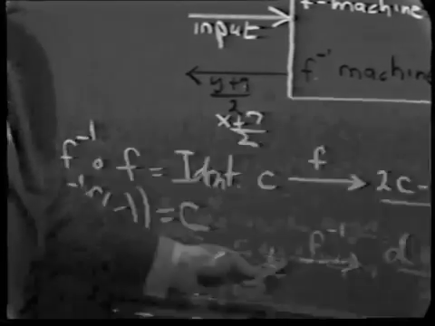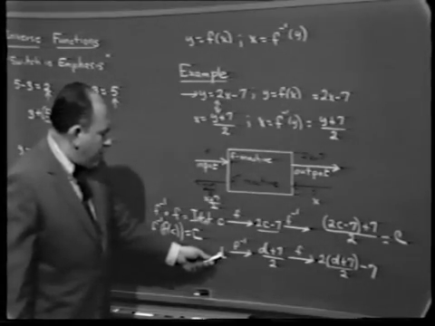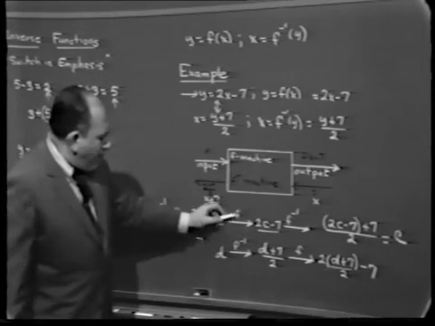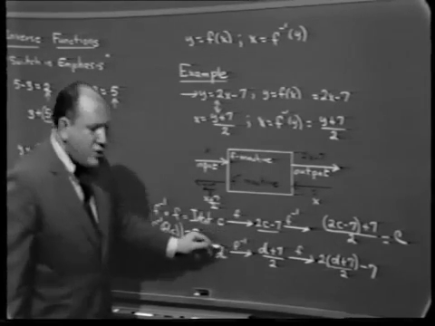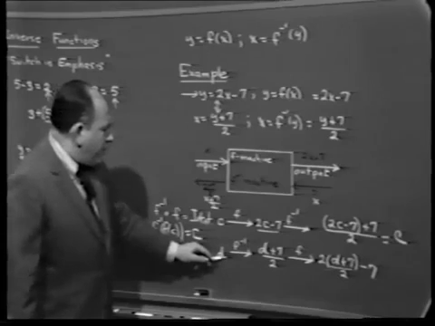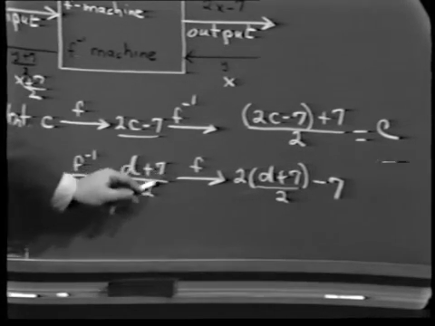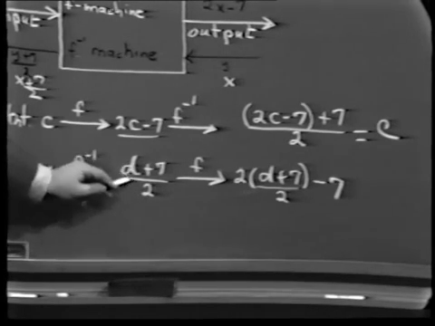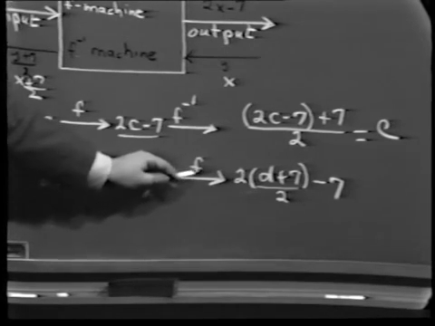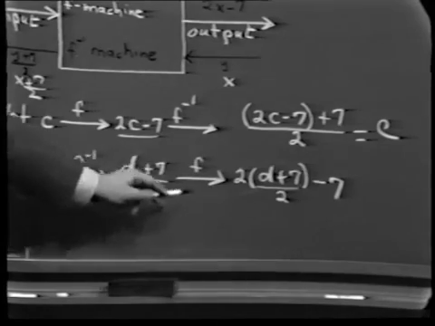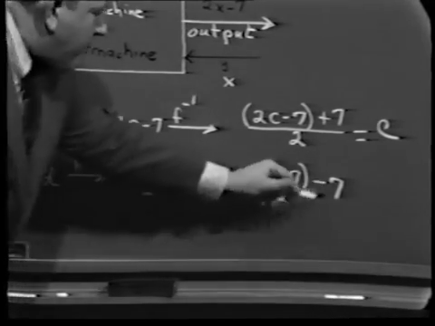In a similar way, notice that we can reverse these roles. We saw last time that composition of functions depends on which order you combine the functions, but notice that if you run d through the f inverse machine, the output will be d plus 7 over 2. If this becomes the input of the f machine, remember what the f machine does. It doubles the input and subtracts 7.